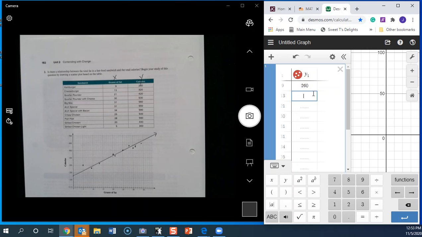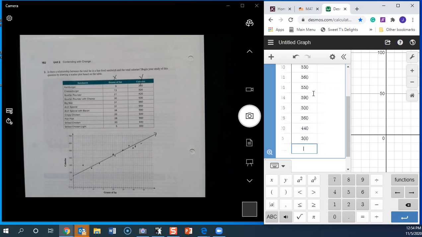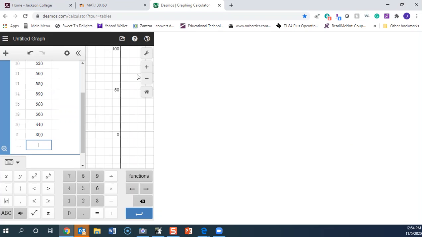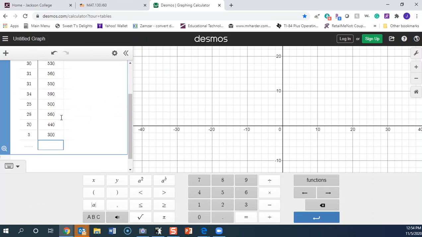It's 260, 320, 420, 530, 560, 550, 590, 500, 560, 440, and also 300. Okay, now we typed in all of these values. Let me expand this out a little bit. Okay, so we have all the values.